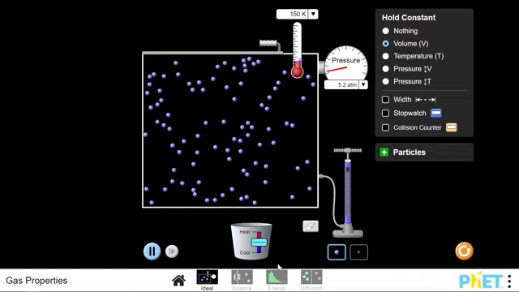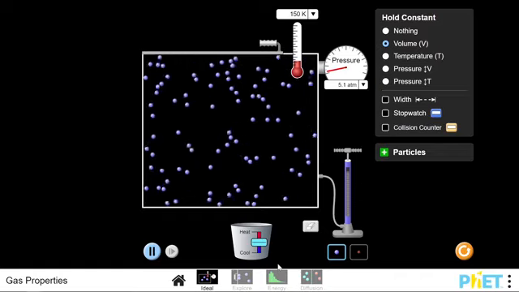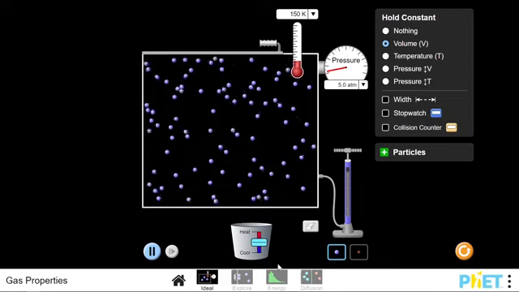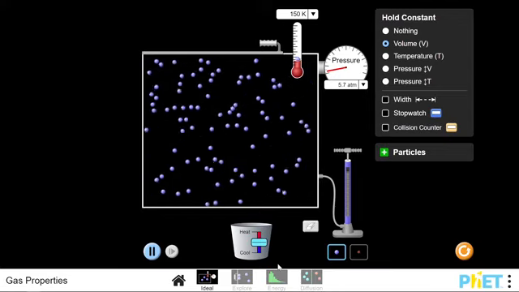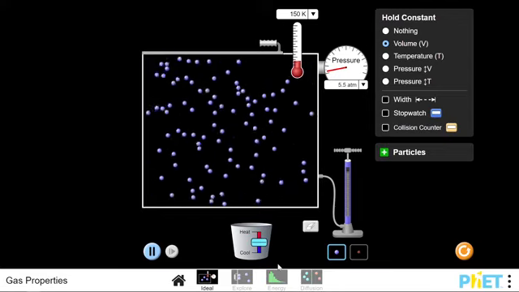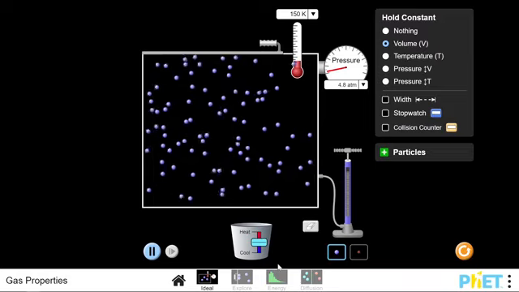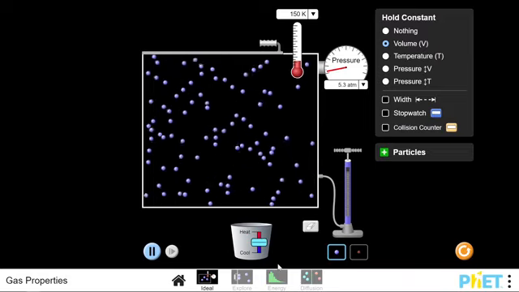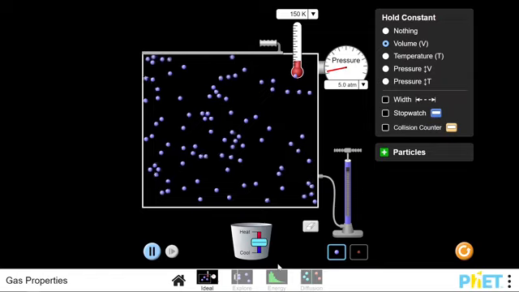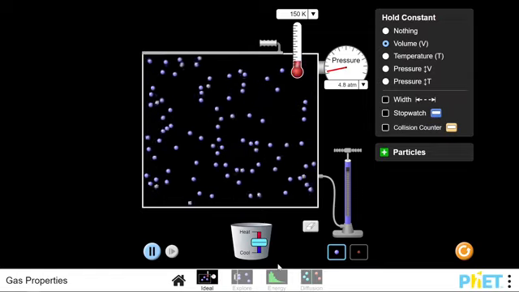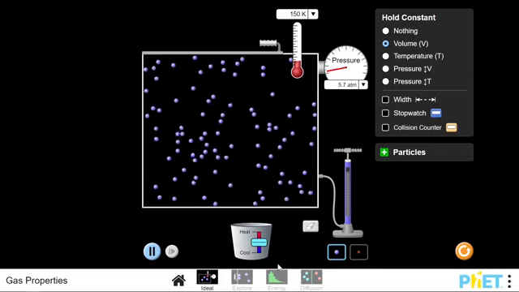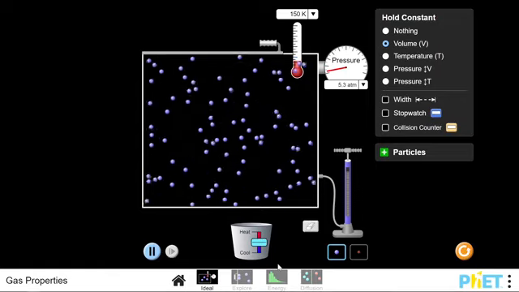So that's maybe 5.3. Our initial pressure was 10.8, our final pressure was 5.3, about half. And so if we lowered the temperature by 1/2, we lowered the pressure by 1/2. Pressure and temperature are directly proportional.